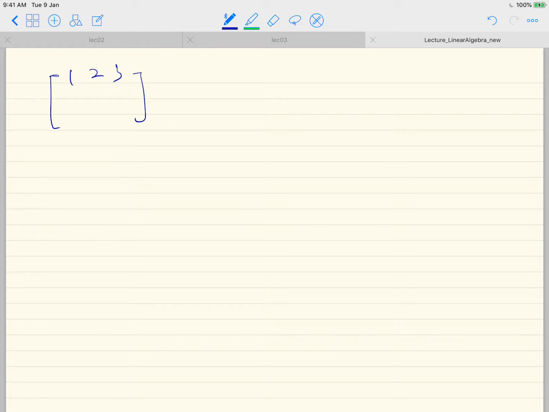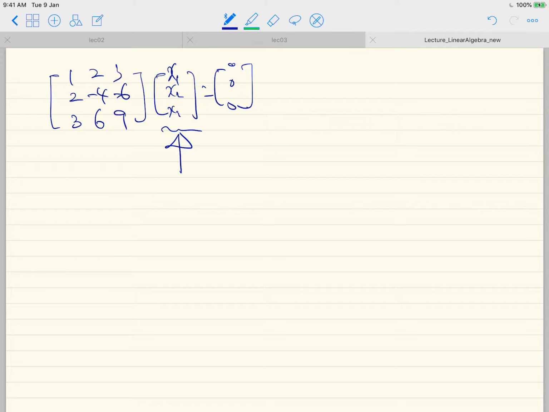Okay, so let's look at this example. Given this matrix A, all the possible solutions of this equation are called the null space. So what condition does this vector need to satisfy?